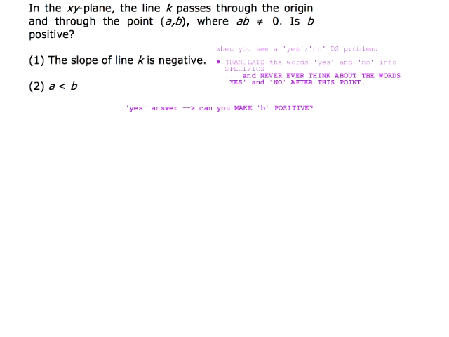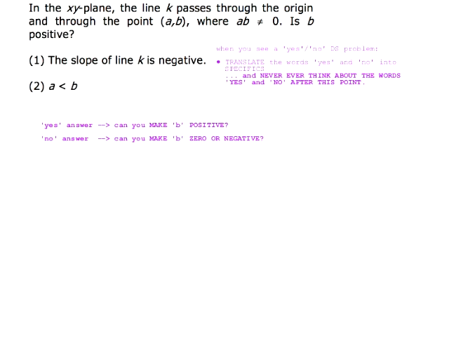The no answer to this question would be, can you make B not positive? So can you make it 0 or negative? As soon as you realize that these are what these mean, then you should never think about the words yes and no ever again.